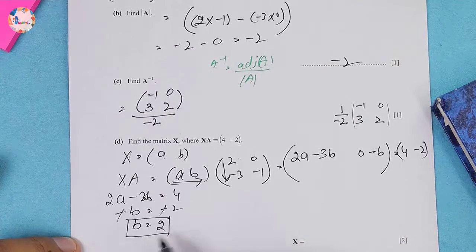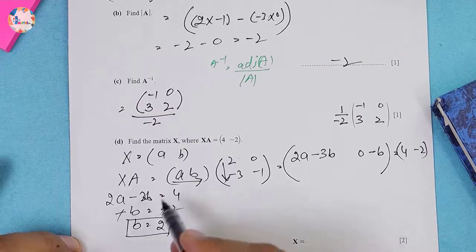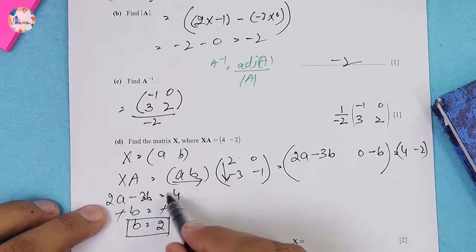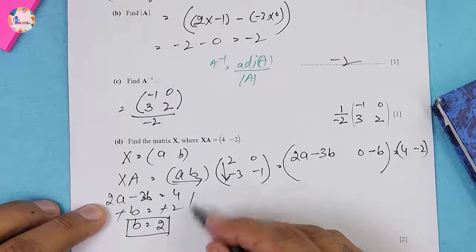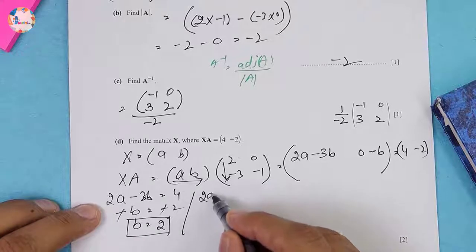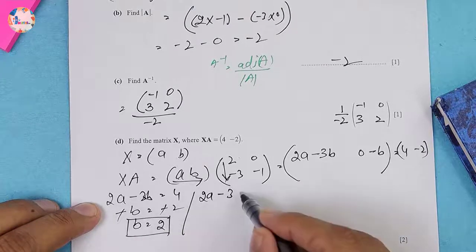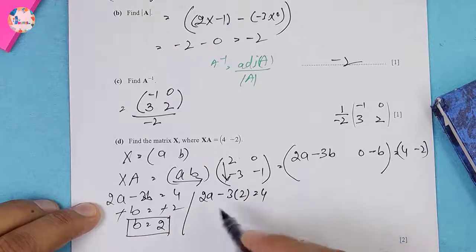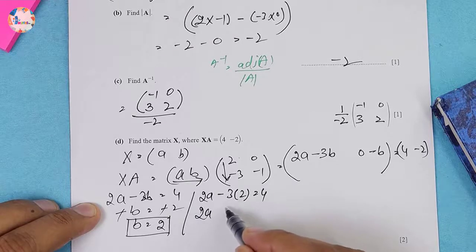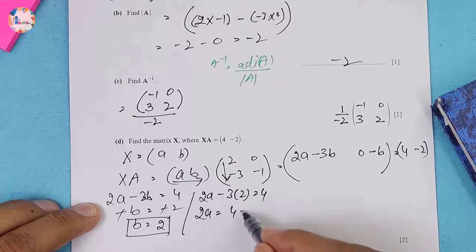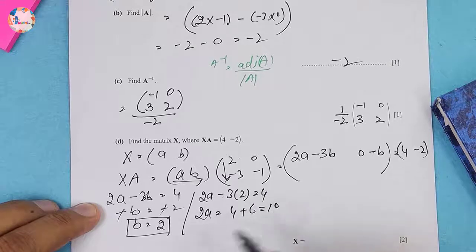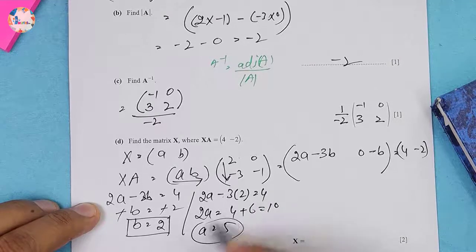So the B value we found is equal to 2, and the A value we can calculate from this equation, and this will be 2A minus 3 into B, which is 2, is equal to 4. So 2A will be equal to 4 plus 6, which is equal to 10. So A will be equal to 5.